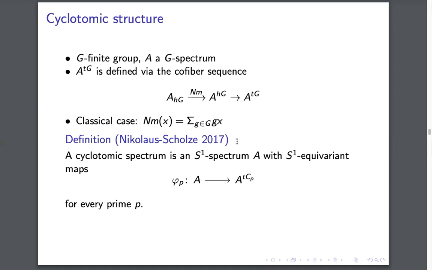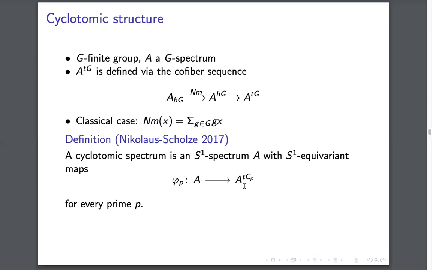For instance, the older definitions were making use of what's called genuine equivariant homotopy theory, and the newer definitions actually completely avoid genuine equivariant homotopy theory, and they use what's called naive equivariant homotopy theory, which is much simpler. And the definitions themselves are in general simpler too.